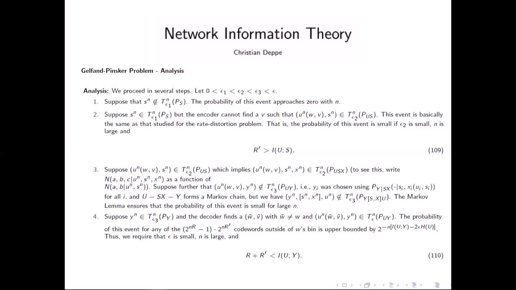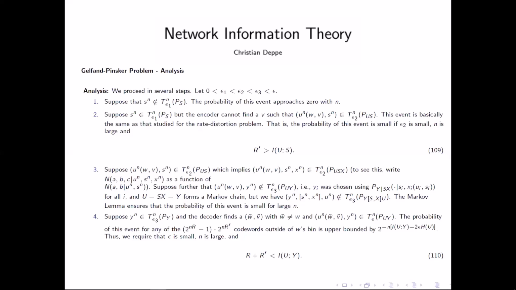Then we look at the event that the state sequence is typical, but the encoder cannot find a V such that U^n(W, V) and S^n is jointly typical with respect to U and S. And this is the same in principle that we studied for the rate distortion problem. We know that the probability of this event is small if n is large and R prime is greater than the mutual information between U and S.